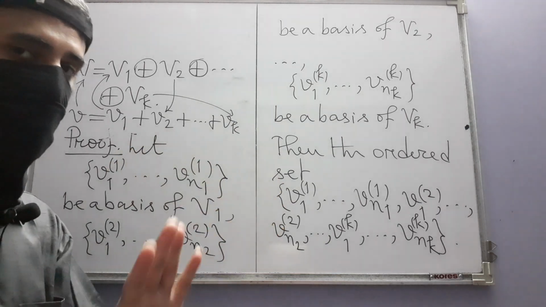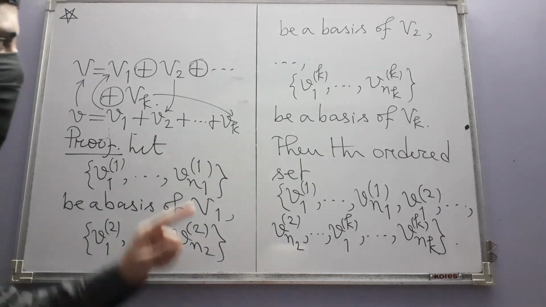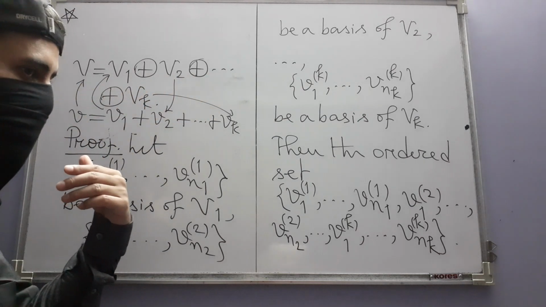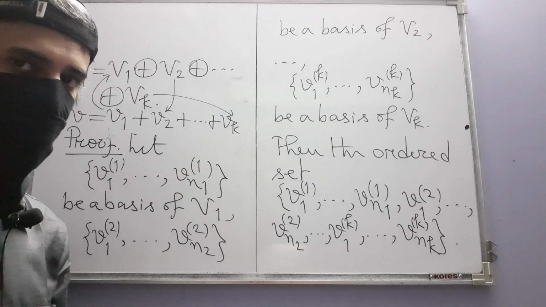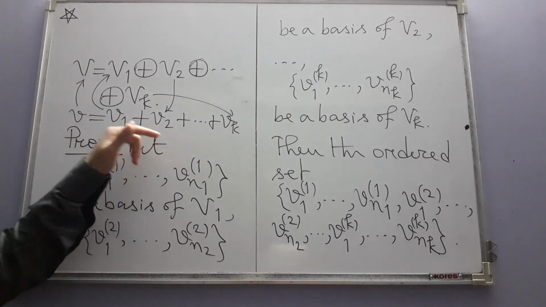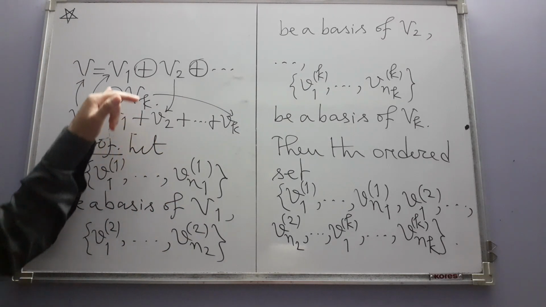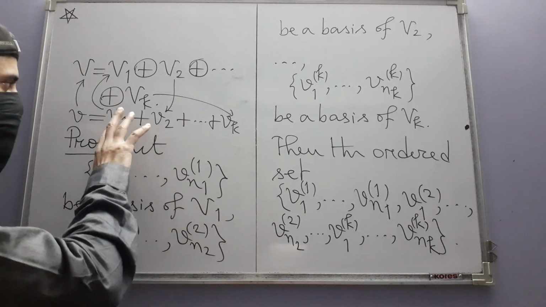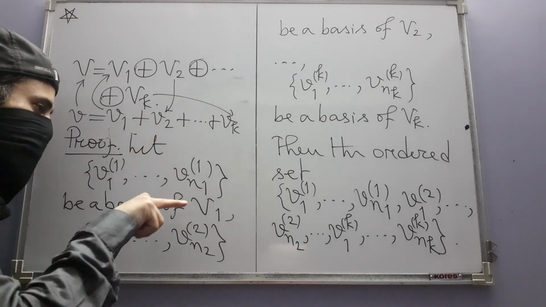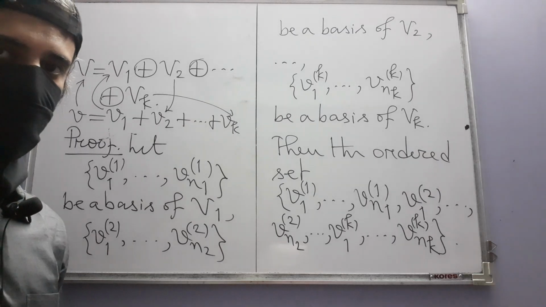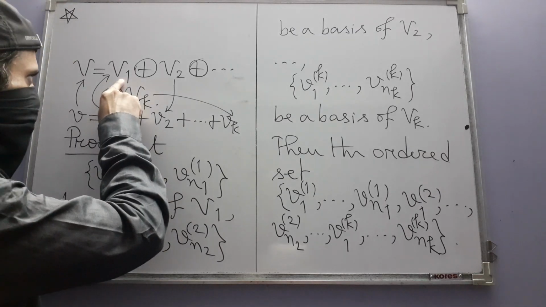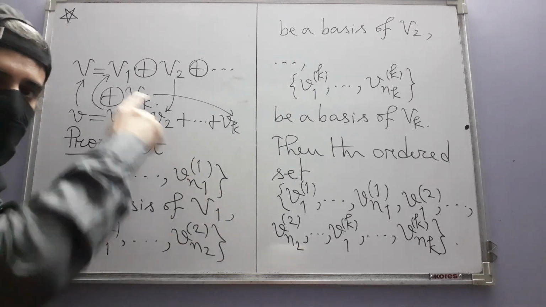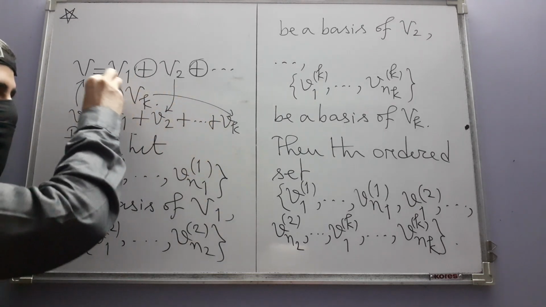You may have already got really confused, because as I said, this is a Cartesian product. But all these things that I am talking about now, that V1 belongs to this, V2 belongs to this, keeping that isomorphism in mind, when we say V1, actually we are thinking of that subspace in capital V which is isomorphic to V1.